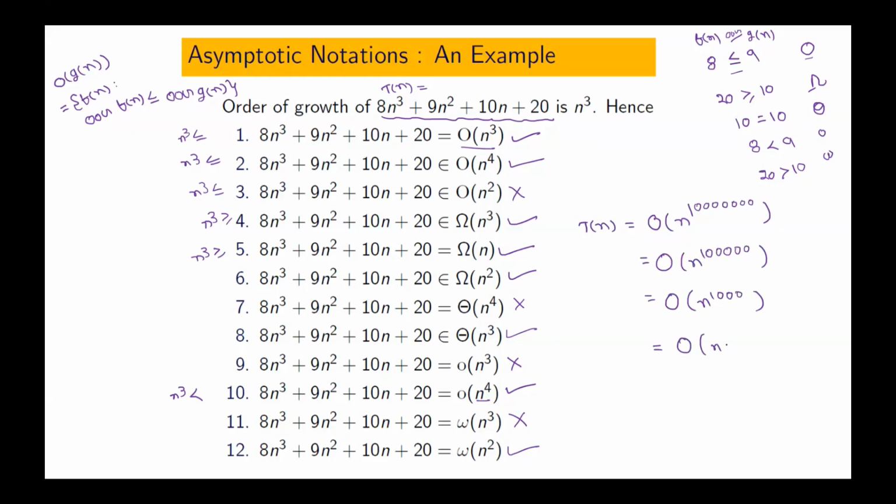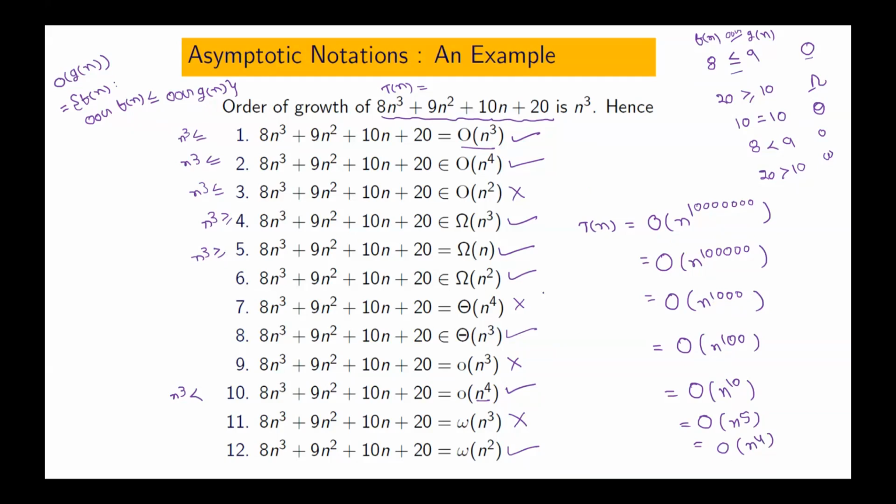It is n power 100, n power 10, n power 5, n power 4. Among this, is there any wrong answer? No, all are right. All are true.